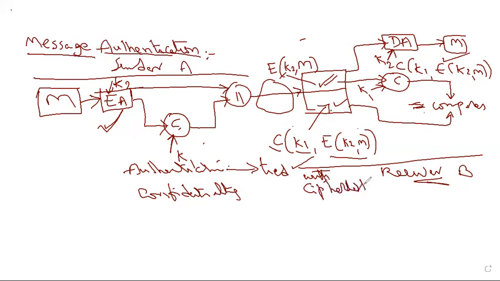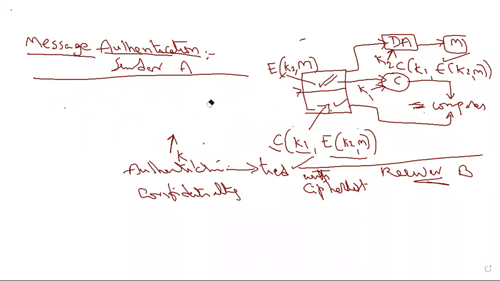Another alternate is, first we generate the MAC code from the message. After concatenating, we are going to encrypt the concatenated information. I will show you that diagram also. In that diagram, a little variation is there.